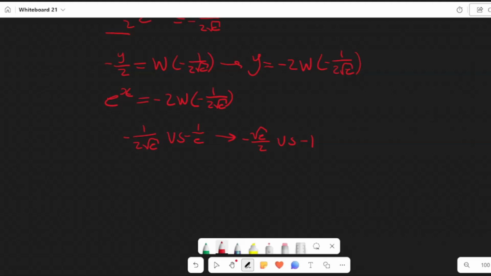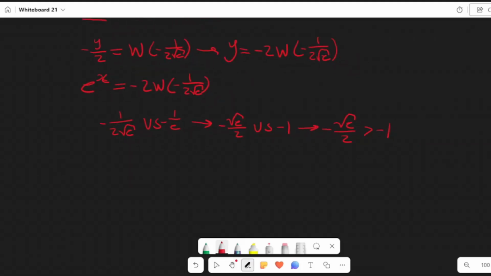So negative square root of e over 2 has to be greater than -1, because square root of e over 2 is less than 1.